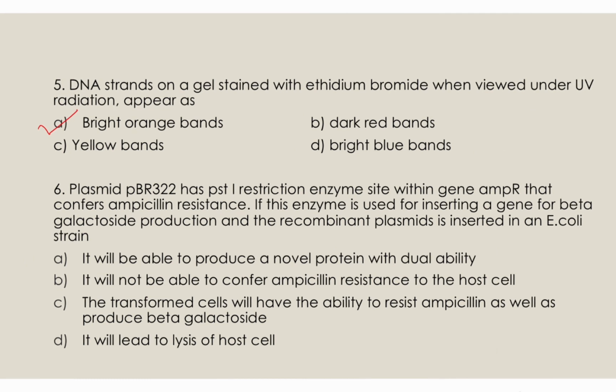Okay. Now, plasmid pBR322, which is very common in NCERT, has a PstI restriction site within the gene AmpR that confers ampicillin resistance. If this enzyme is used for inserting a gene for beta galactosidase production and the recombinant plasmid is inserted in an E. coli strain, what will happen?